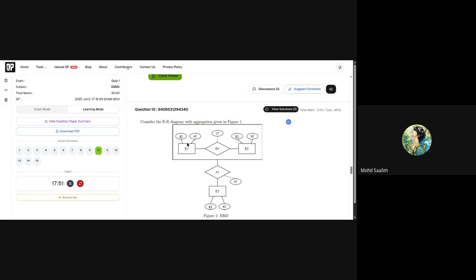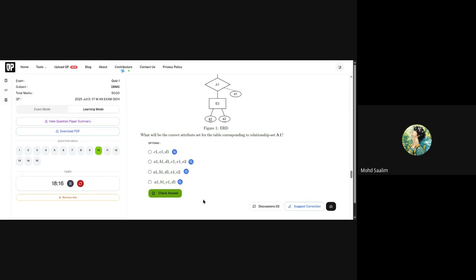What is the primary key of this aggregation? A1, B1. A1, B1. And the primary key of E3 is E1, and A1 has its own attribute called D1.